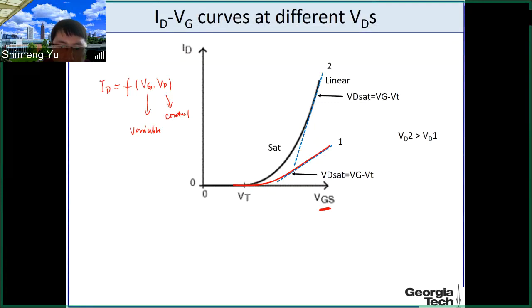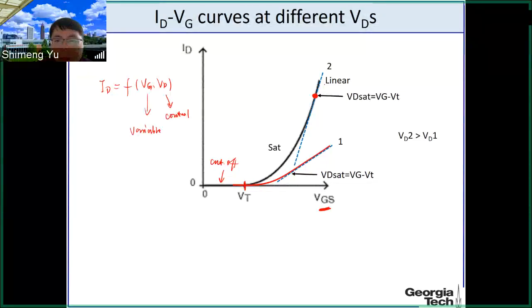First, we need to pass the VT. Below the VT, this is the cutoff region. The current is almost 0, and you cannot see it here. And above the VT, then we have the current. But then we need to determine the turning point between the linear and the saturation. So here, actually, the turning point is here.